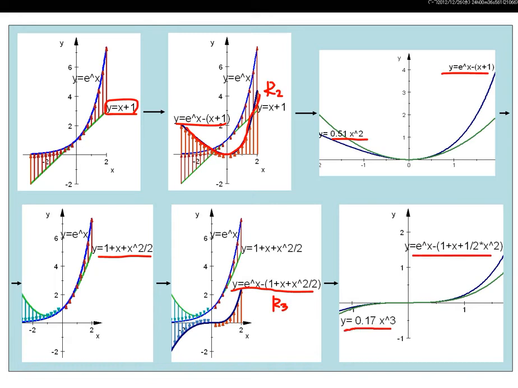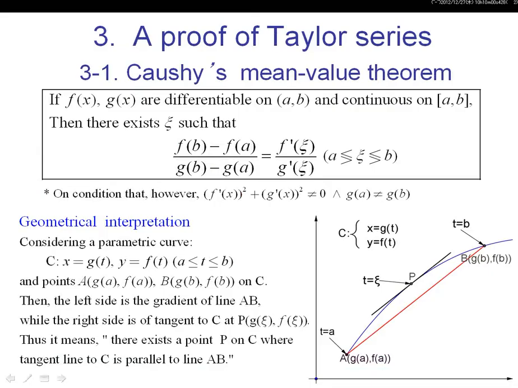And we get that y equal about 1/6 x cubed is the best solution for approximation for R3. So we can get the third Taylor series by our eyes.